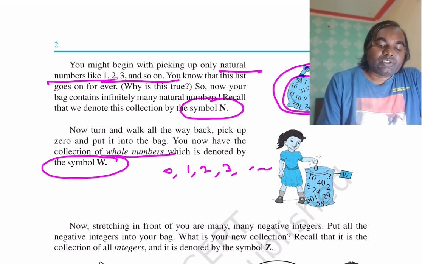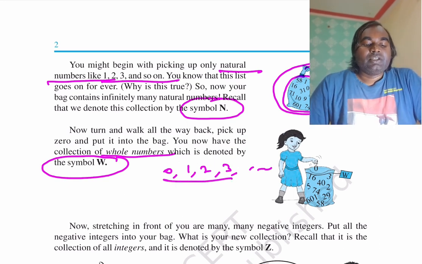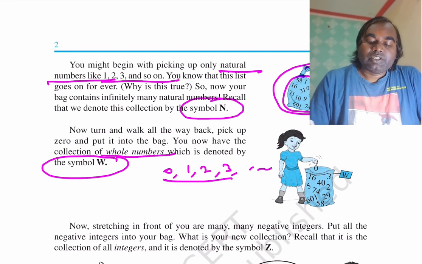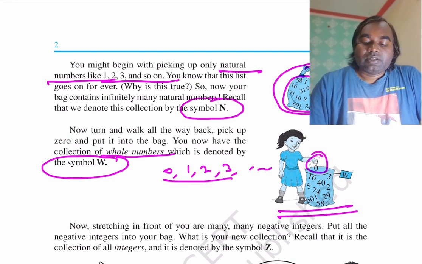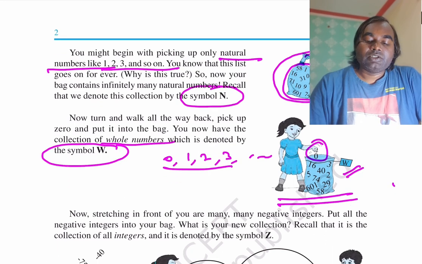You can see in this picture that we are including 0 along with natural numbers, and then it becomes whole numbers. So mind it, whole numbers include 0.